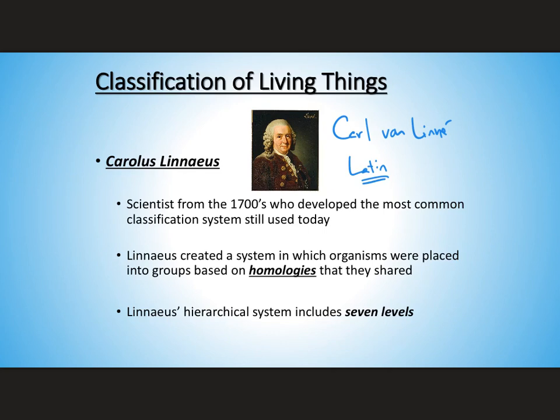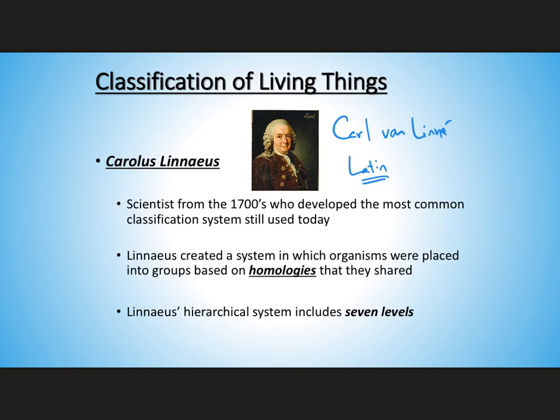Now, what this did is it led to some classification designations that weren't real good, right? He grouped anything that had wings close together, so like birds, bats, insects. And today we know that those are not really closely related organisms. A bat's much more closely related to you than it is to birds or insects. And insects, of course, are a very different group. But it provided an awesome start.